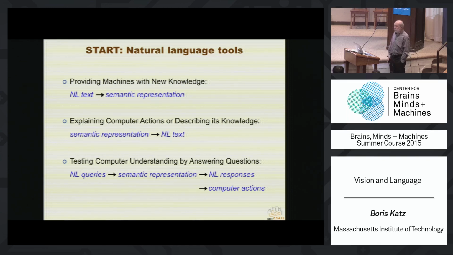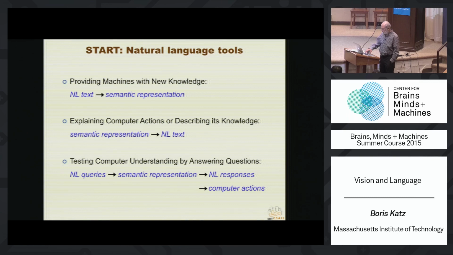And we want to test the machine because it's very important to know whether what you told the machine, it actually understood you correctly. We want to ask questions, give queries. Those will be converted into semantic representations that will be matched against what the machine knows. And the computer will either give you a language response or perform some actions which will indicate that it understood what you asked.